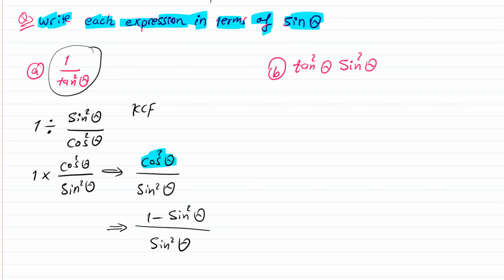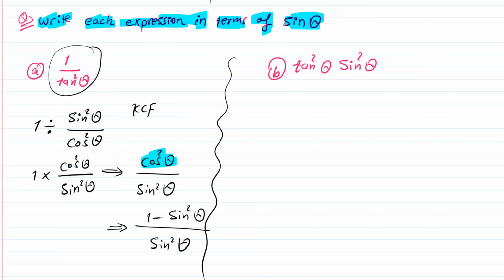Because the operation between 1 and sine square is negative. Since we have this negative, I cannot directly simplify. If it's multiplication, okay. If it's division, okay. But directly with addition and subtraction, we cannot do this process. So please be careful. You cannot simplify, and this is going to be the final answer.